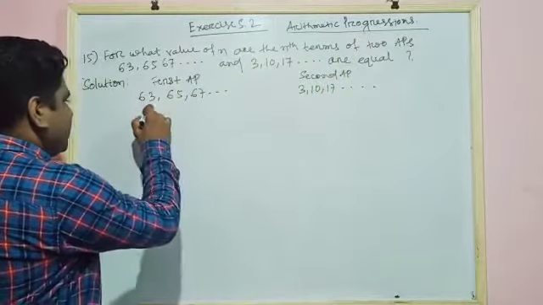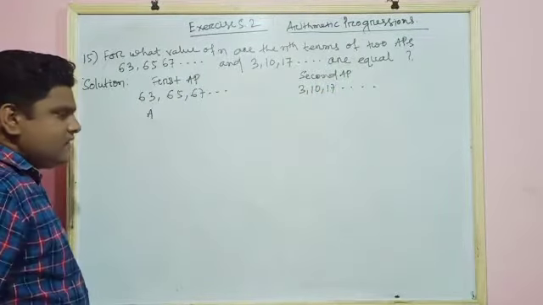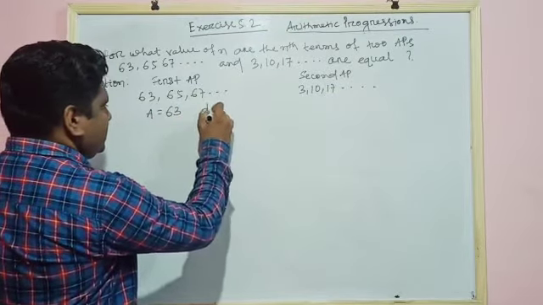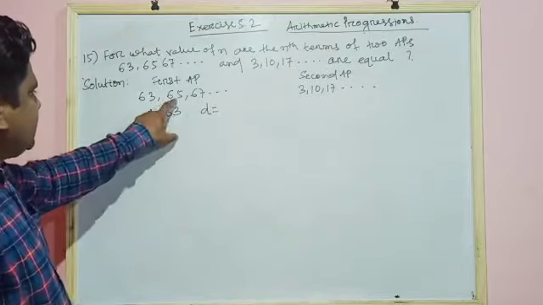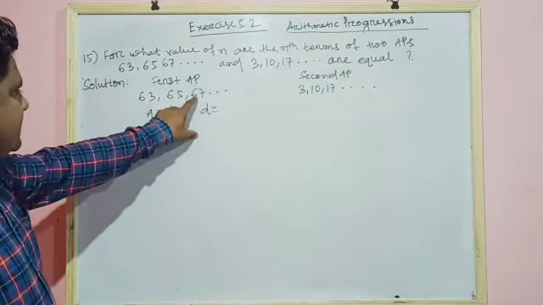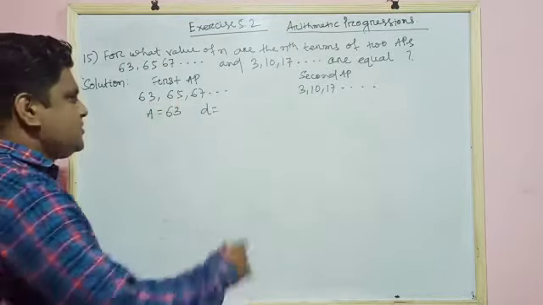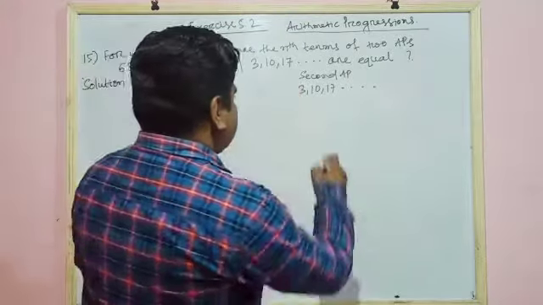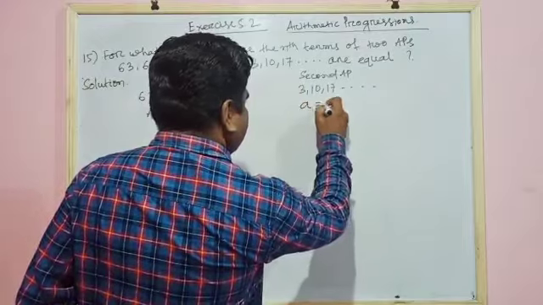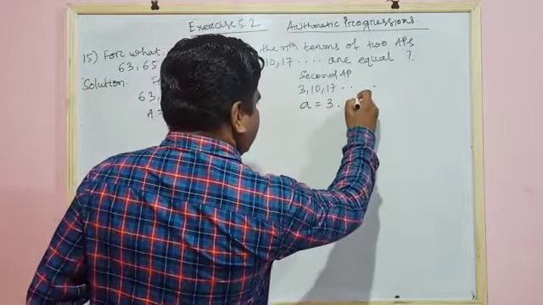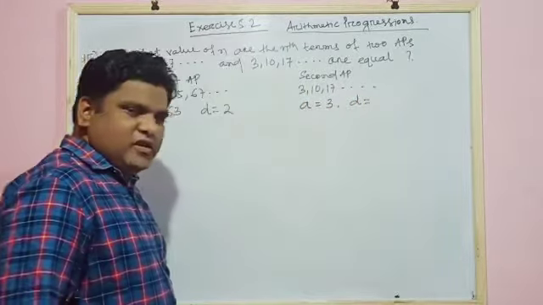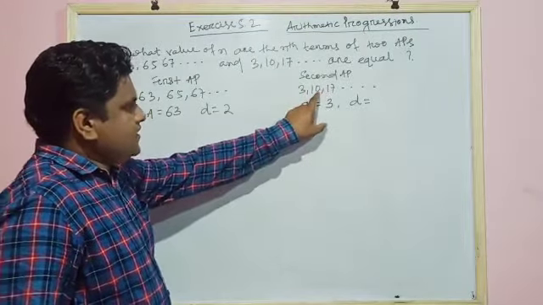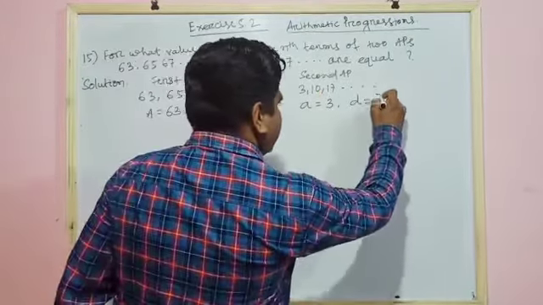Here the first term, let this be capital A equal to 63 and common difference capital D equal to 65 minus 63, 67 minus 65, it is 2. For the second sequence, the first term small a equal to 3 and common difference, let it be small d, is 10 minus 3, 17 minus 10, it will be 7.